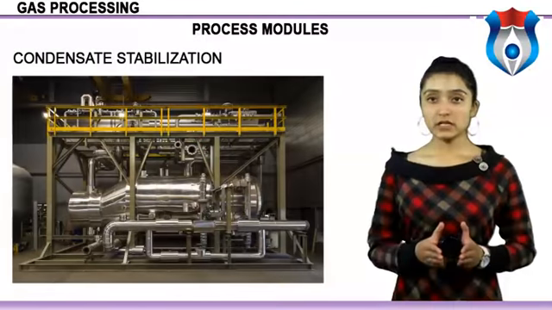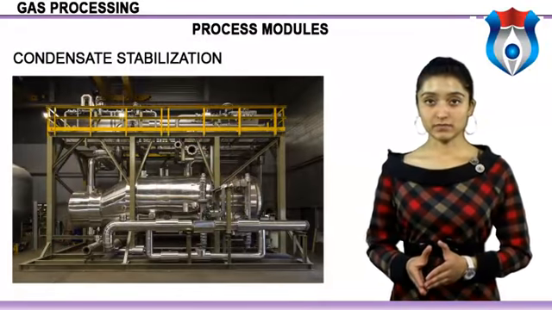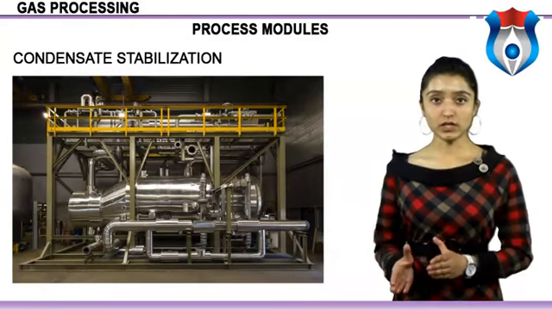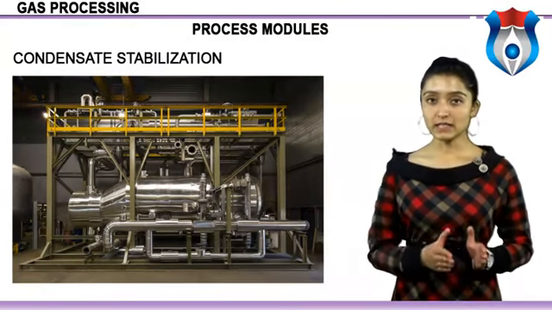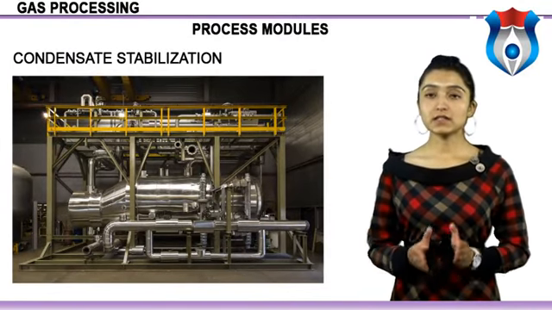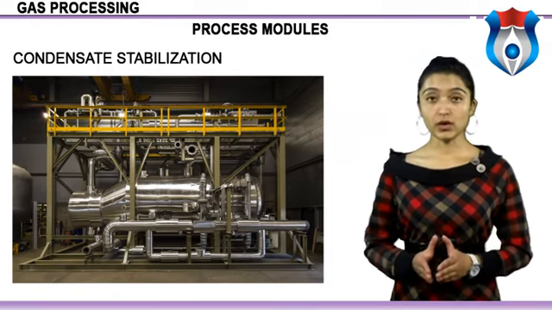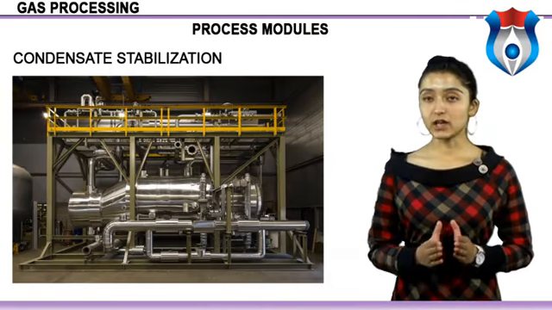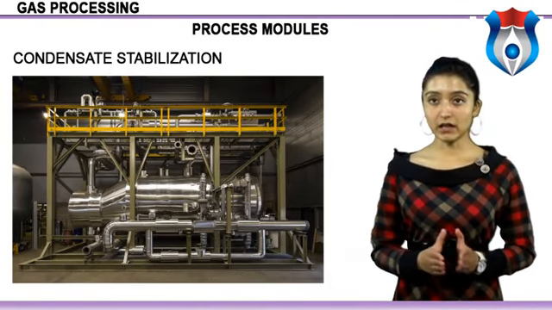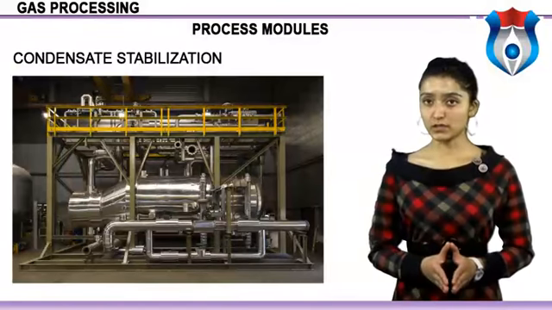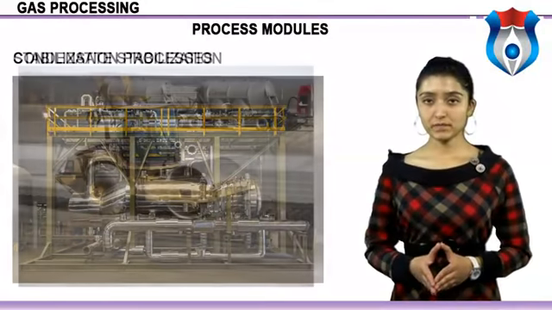Condensate stabilization is the process of increasing the amount of intermediates, C3 to C5, and heavy C6+ components in the condensate. In other words, the scope of this process is to separate the very light hydrocarbon gases, methane and ethane in particular, from the heavier hydrocarbon components, C3+.